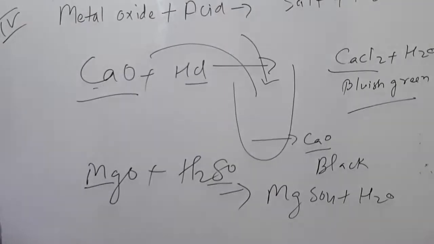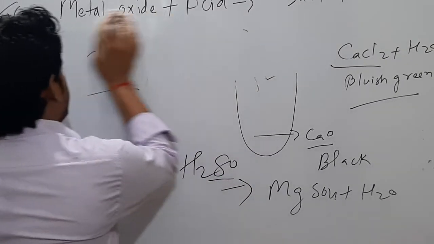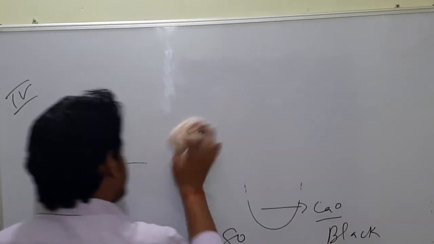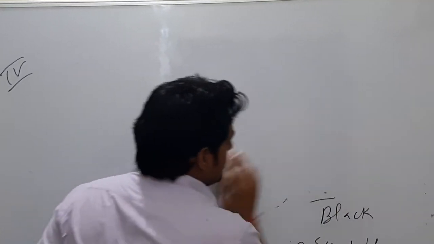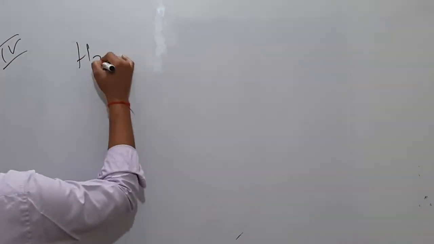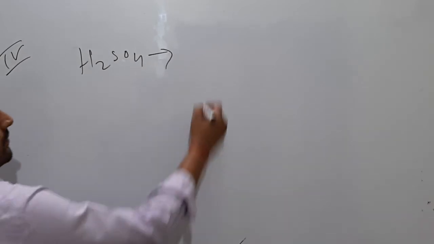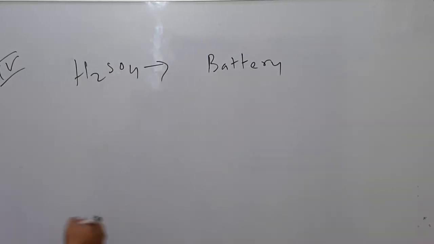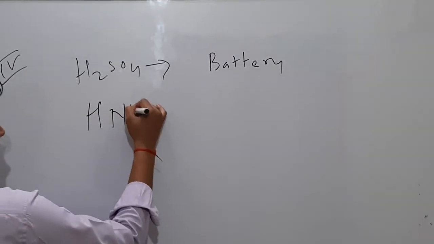Now what are the uses of an acid? Where has it been used? Acid is used in many places for many purposes. Some examples I am going to give. First, H2SO4 is used in a battery. Second one is nitric acid, HNO3.